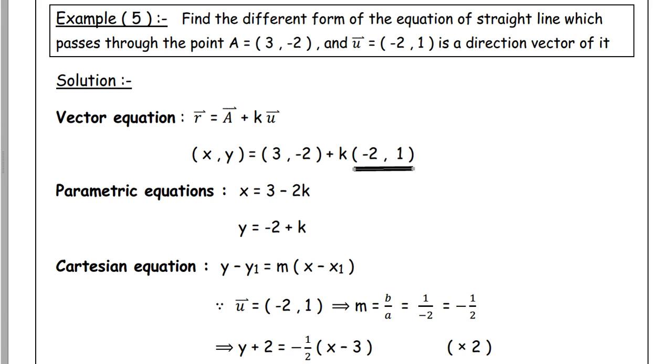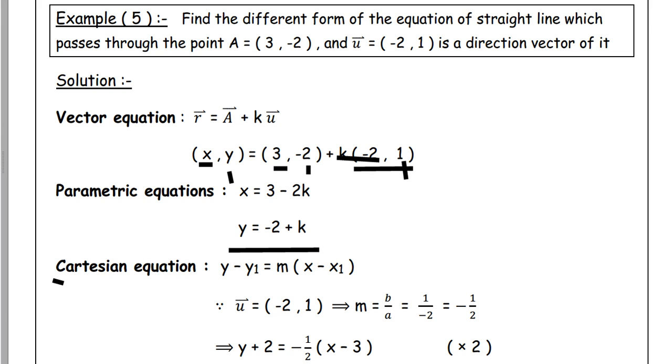Parametric equations, as we said before: the first here is x equals 3 plus k by negative 2, so negative 2k. So x equals 3 minus 2k. The second, y equals negative 2 plus 1 by k, it is k. So y equals negative 2 plus k.